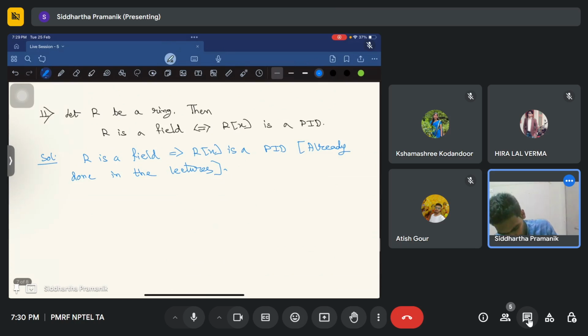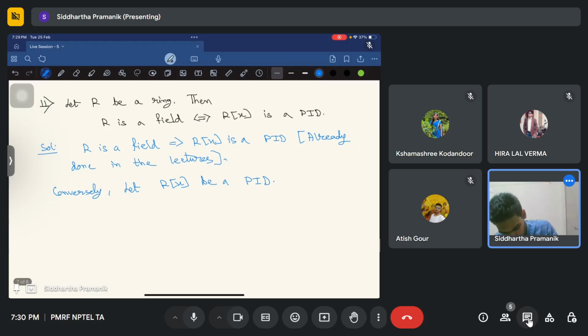Conversely, let R[x] be a PID. We need to prove that R is a field.